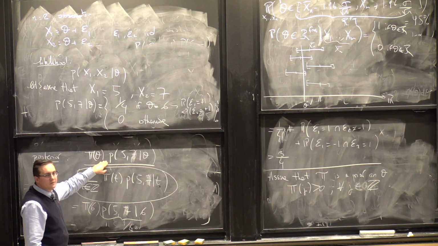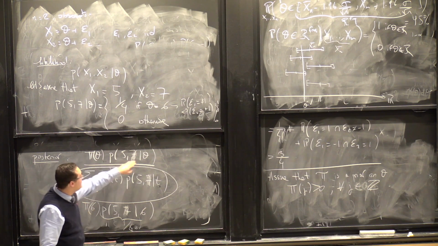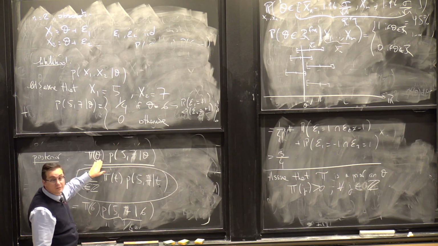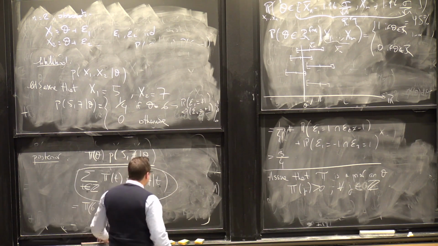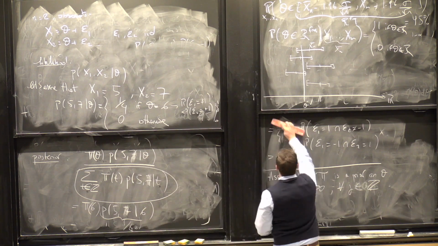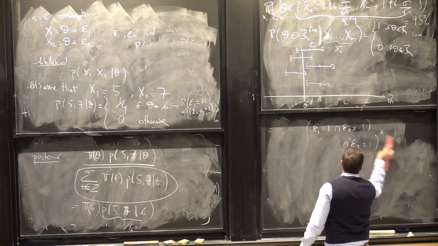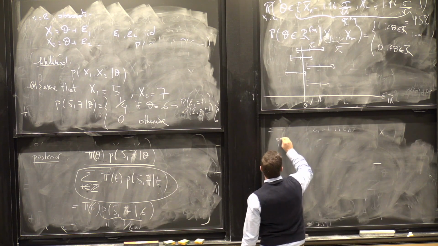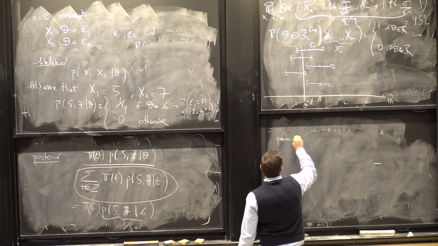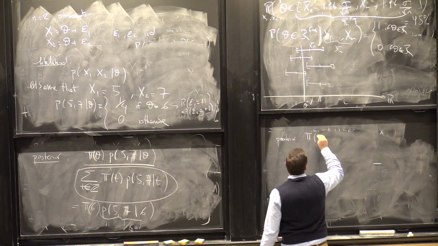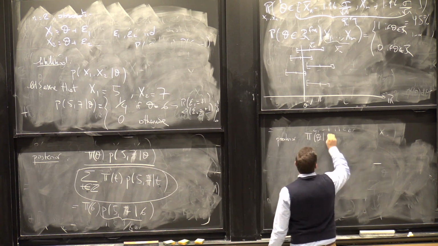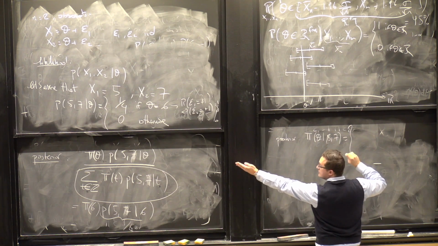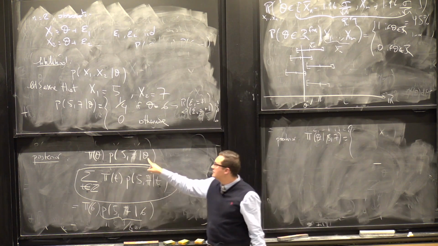But it's the same thing here. The posterior for any theta that's not 6 is going to be equal to 0, so I really don't care what this guy is. So what it means is that my posterior, pi of theta given 5 and 7, is equal to, well, when theta is not equal to 6, 0.